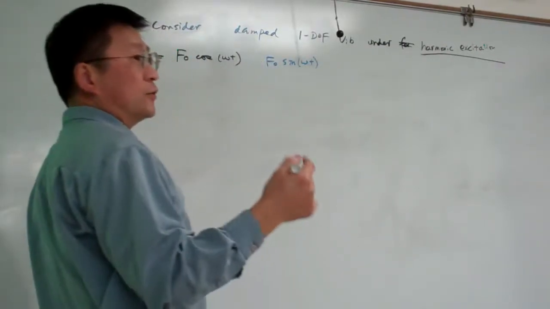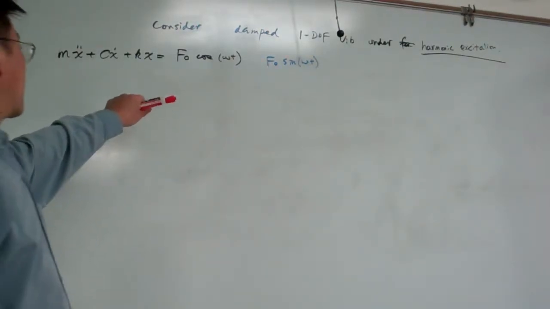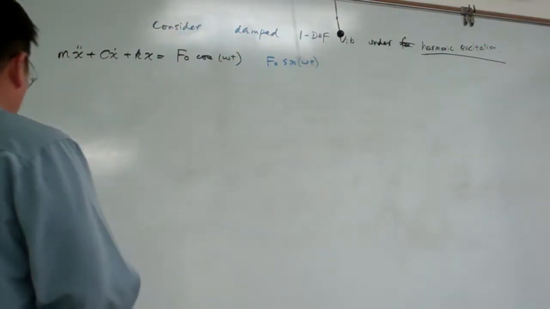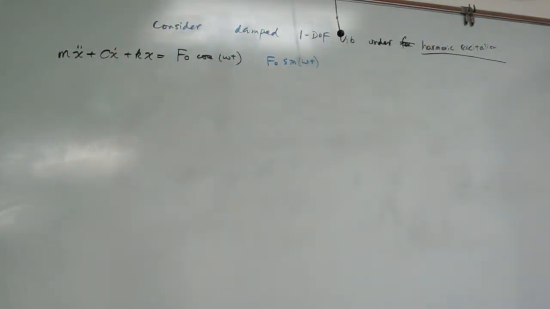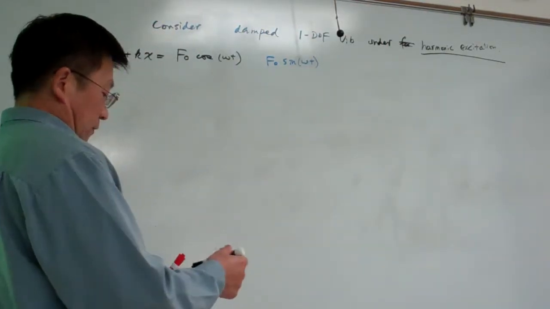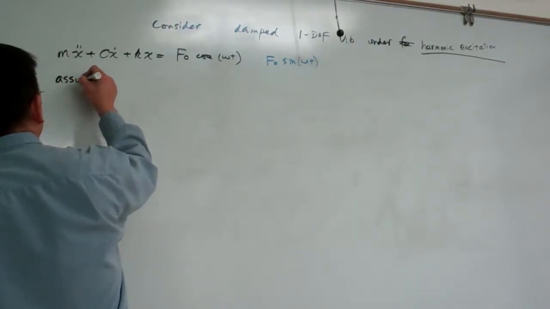I try to use color to distinguish the calculations corresponding to either type of force. For this case, we have the particular solution, and earlier we took the assumed solutions.